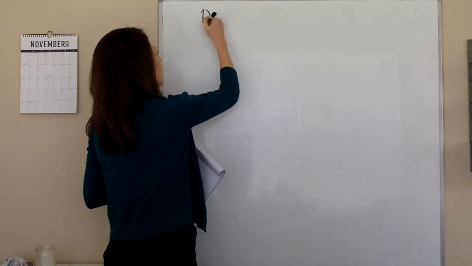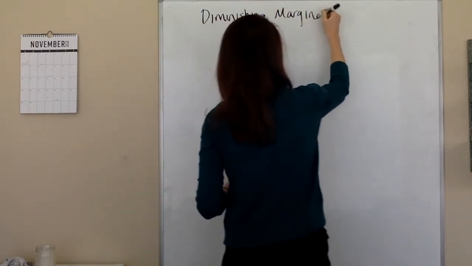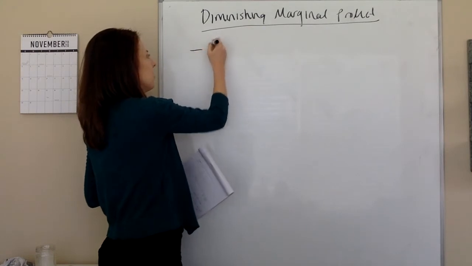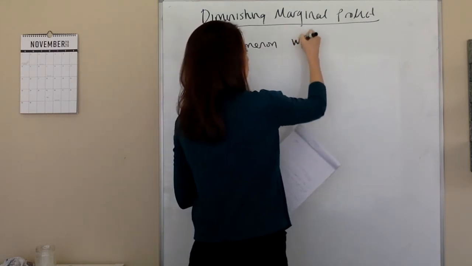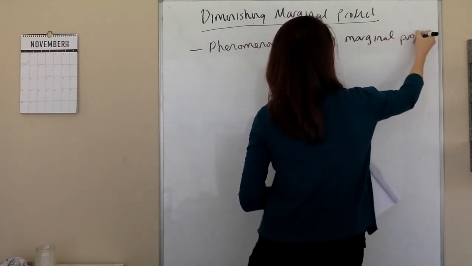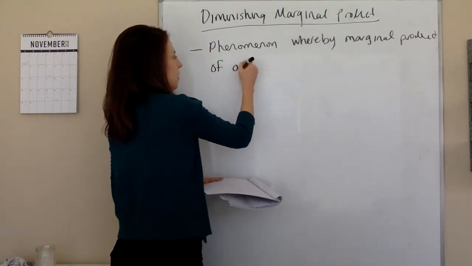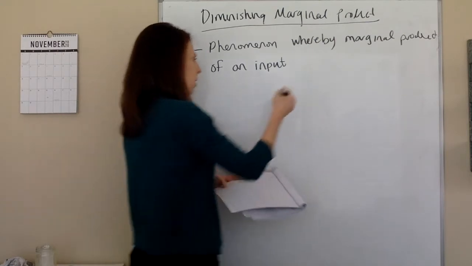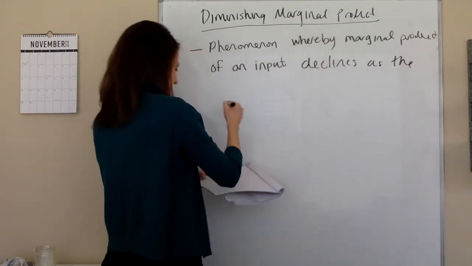So diminishing marginal product is, again, simply a phenomenon whereby the marginal product of an input, so in our case the input was worker, so we were calculating marginal product of labor, declines as the number of inputs increases.